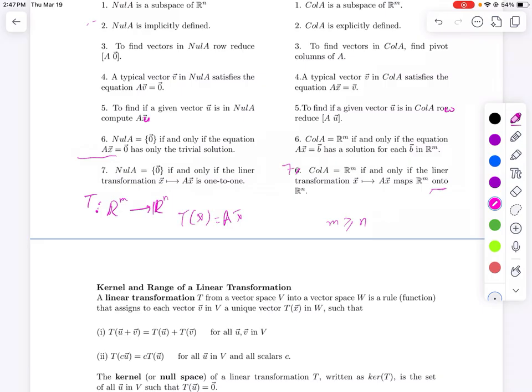The new thing here is the word kernel. Range you are familiar with. So we talk about the kernel and range of a linear transformation.